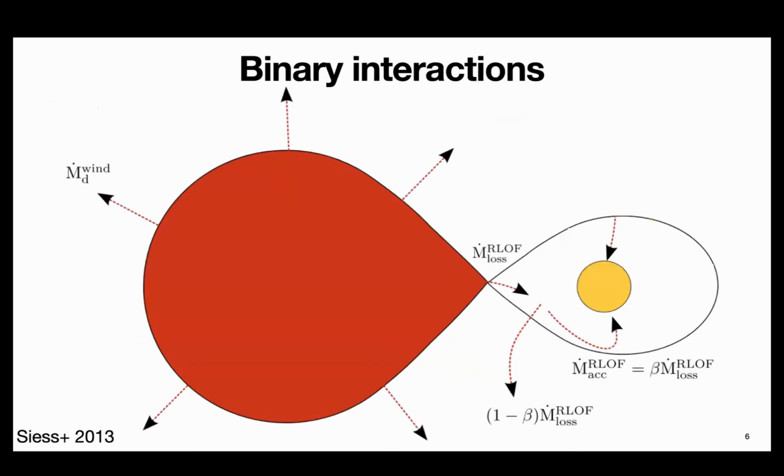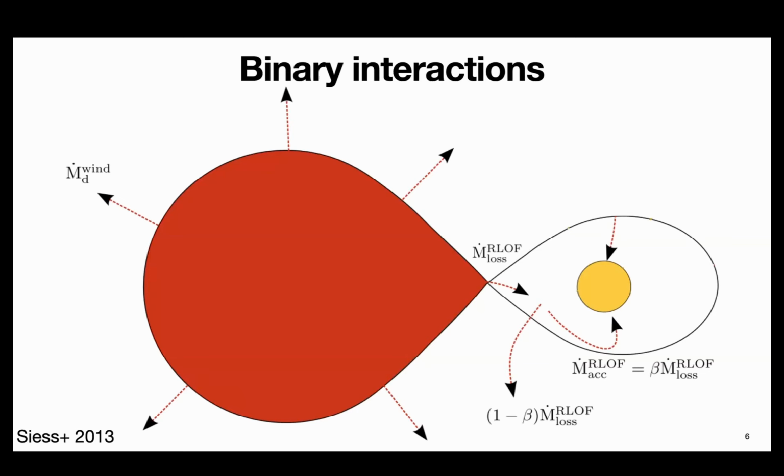But what I'm interested in is stable mass transfer. What that means is that the star will nicely keep filling its Roche lobe just about, and a companion can deal with the mass being put onto it.